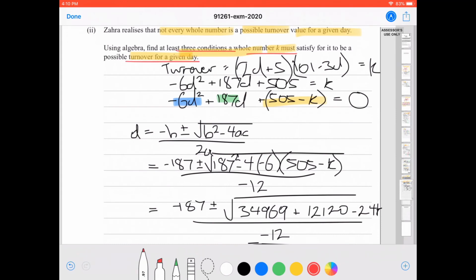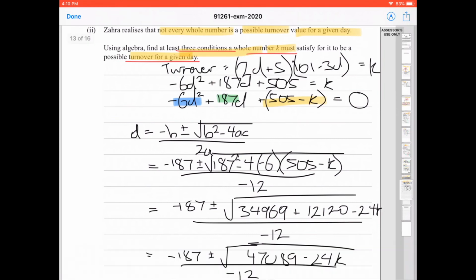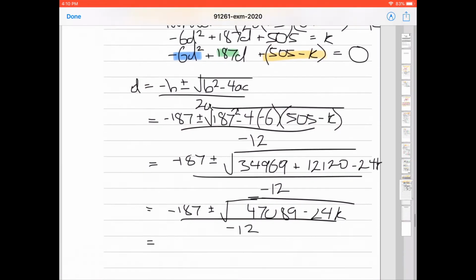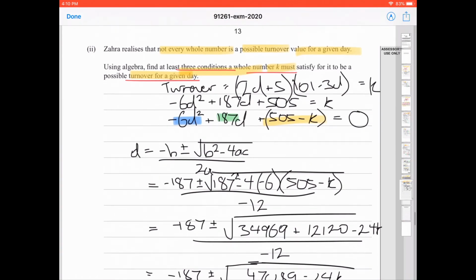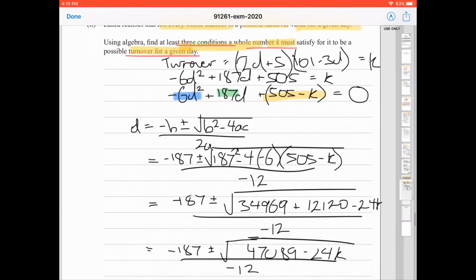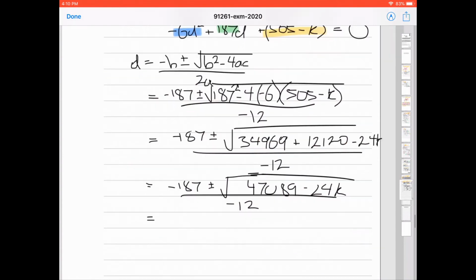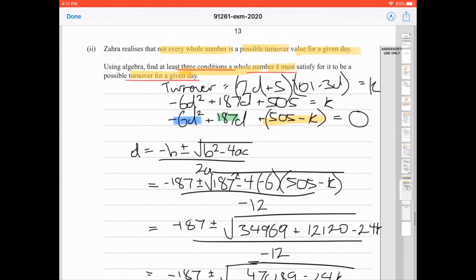So we have stated the equation for D, when we've got this turnover of k, let's say k dollars, a whole number k.